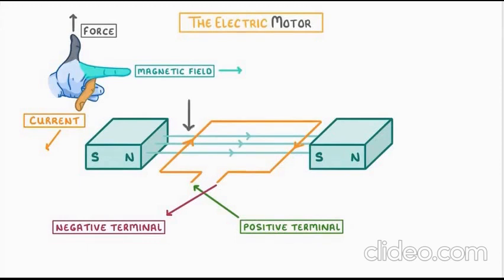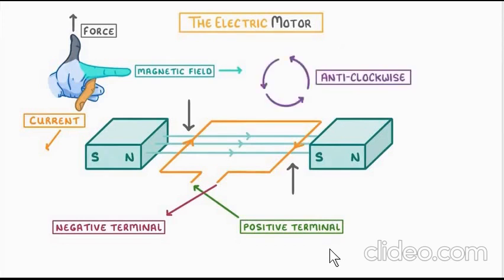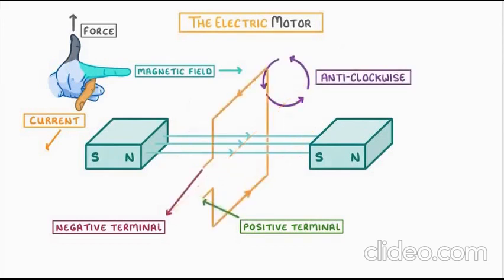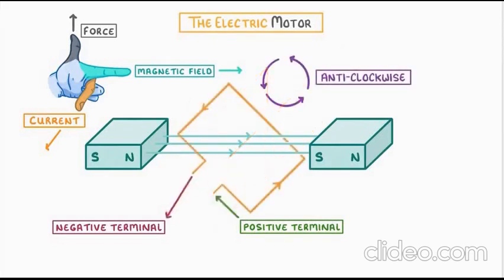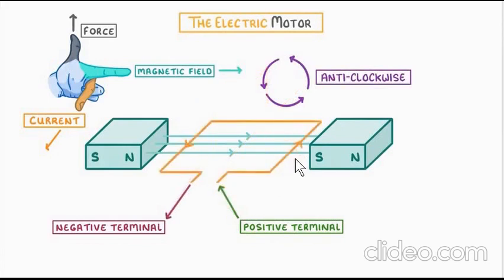It will be something like this: downward on the left and upward on the right. And because of that, the rotation direction will also be changed, and this time it will be anti-clockwise. And since it is anti-clockwise, what will happen? The coil will come back to its original position.